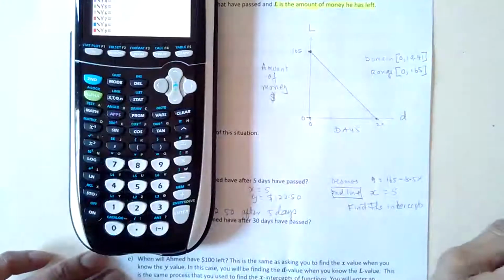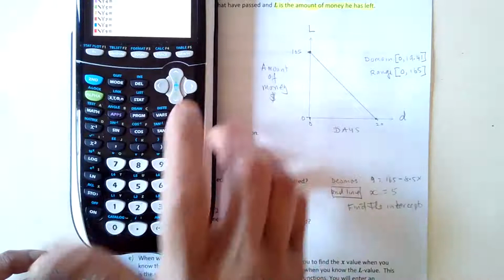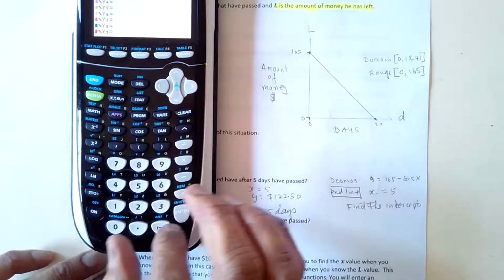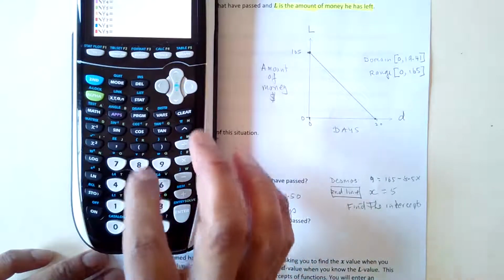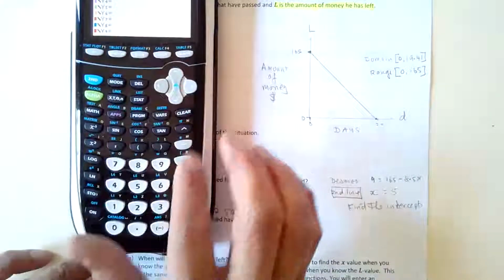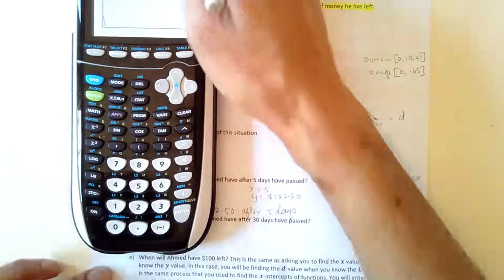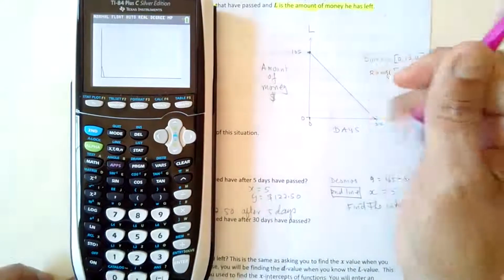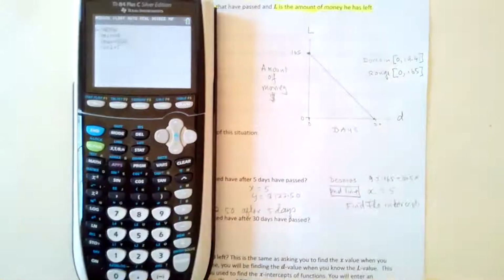Now, if you're using the graphing calculator, we go back to here. Let me change my equation: 165 minus 8.5x, graph. Now notice my window is off, so I have to set my window.